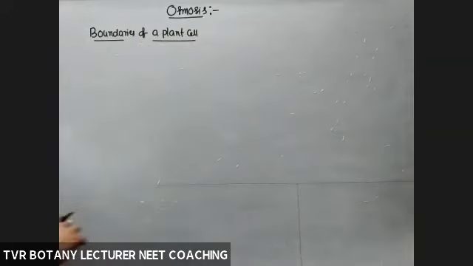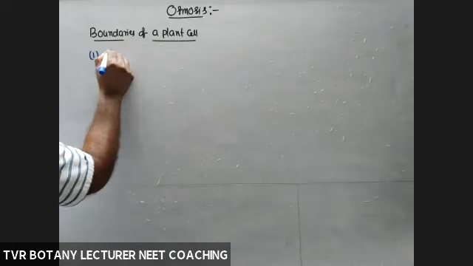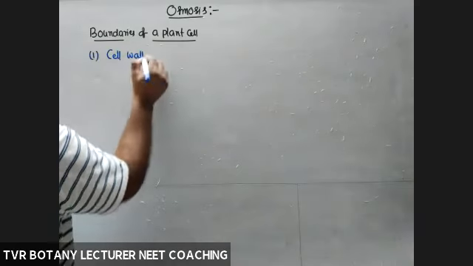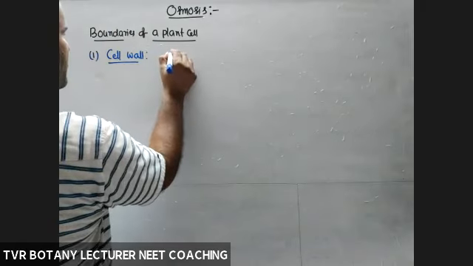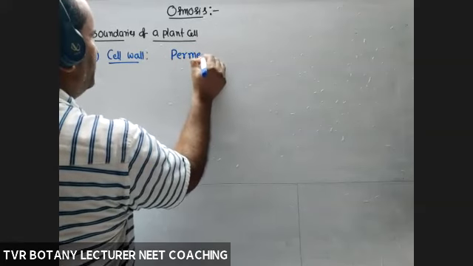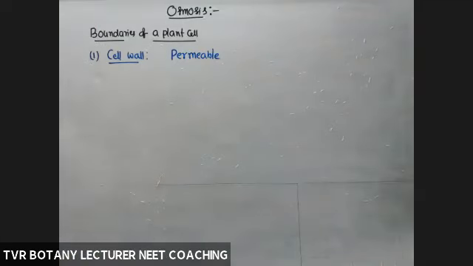First one, cell wall. Cell wall is a permeable boundary, able to give permission for any type of molecule, giving permission to many molecules, whatever the molecules, no restrictions.